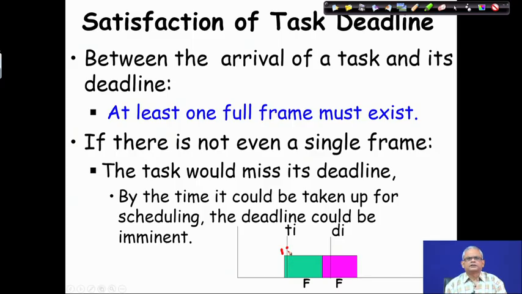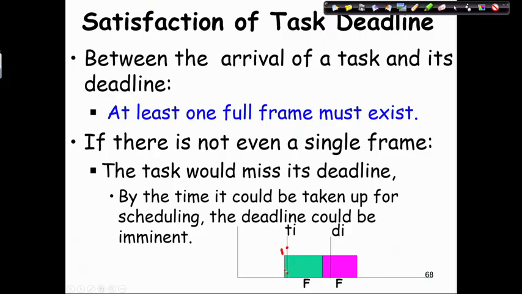Obviously, the task cannot be taken up during this frame, because if you remember the scheduler code, it just executes the task and then the scheduler ends. The scheduler comes up just before every frame, consults the schedule table, finds out which task to run, it runs and then it stops.